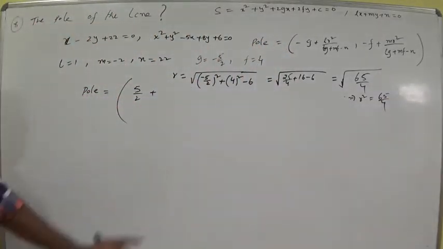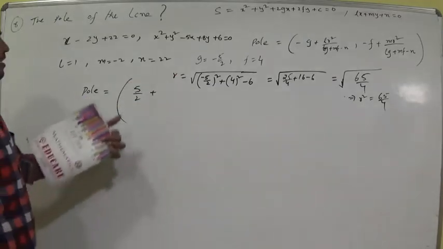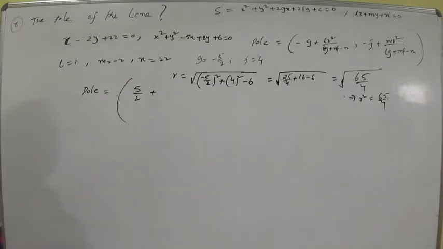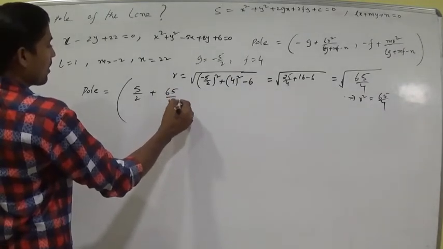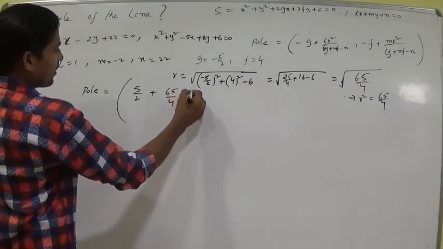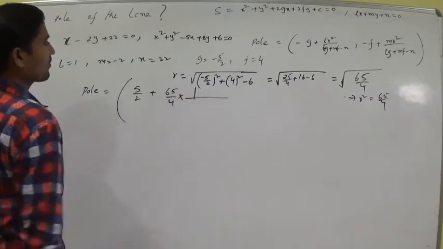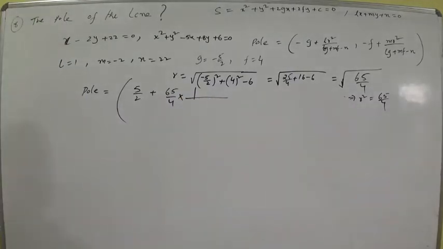So lr square, what is L here? 1, r square equal to 65 by 4, divided by lg plus mf minus n.